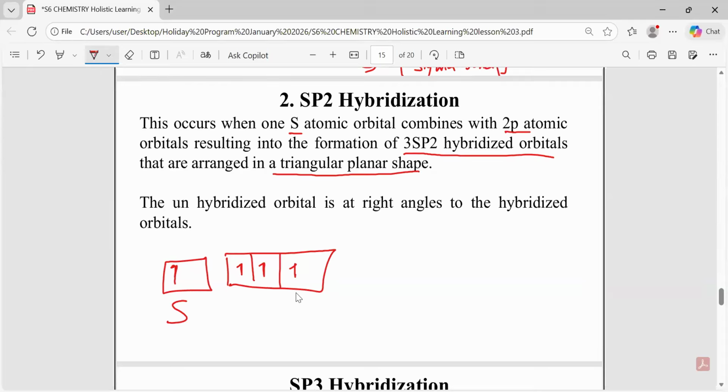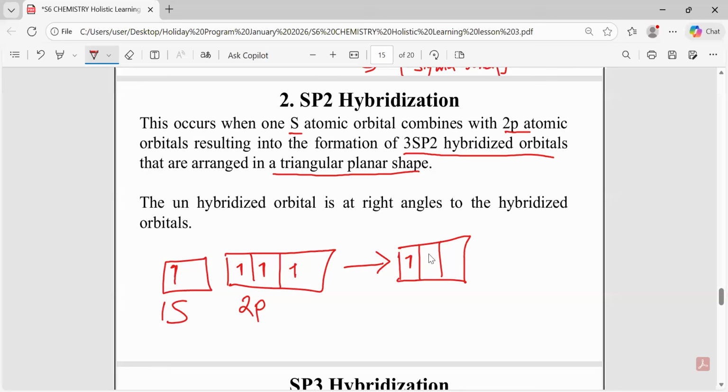But in SP2 hybridization, it is 1 s combining with 2 p. When you say 2 p, there are 2 orbitals of p and 1 orbital of s: 1 electron for s and 2 electrons for p orbital. Are we there? And they are saying that when they combine, they form 3 hybridized orbitals.